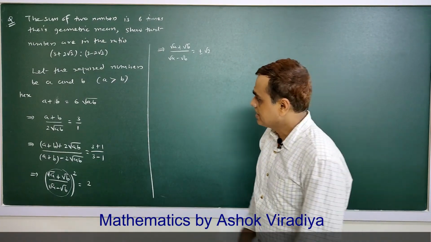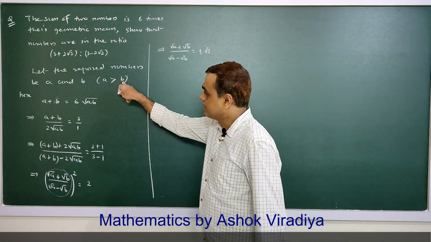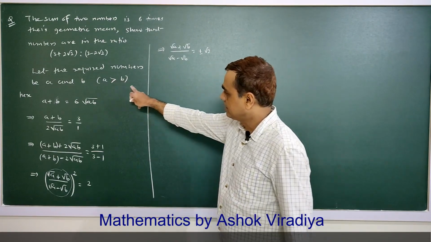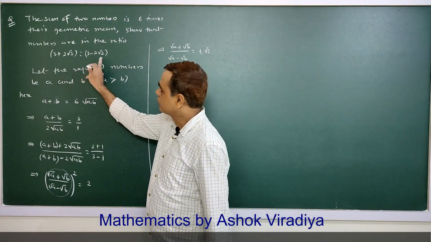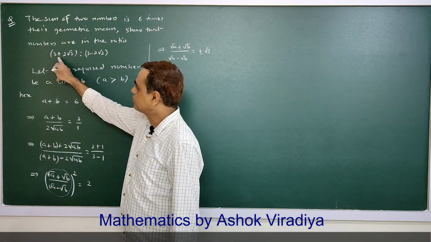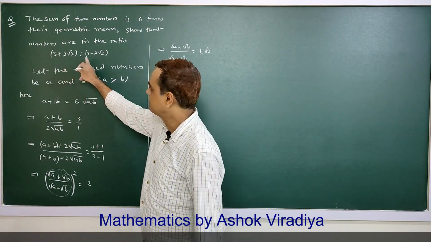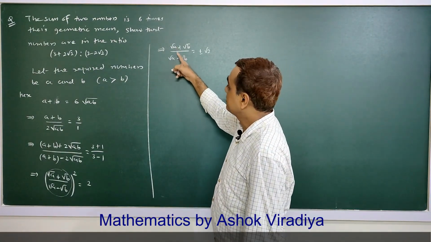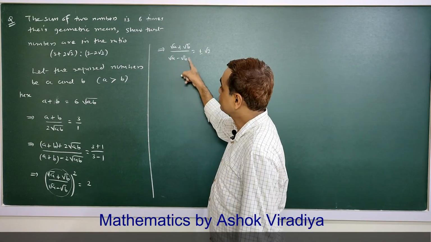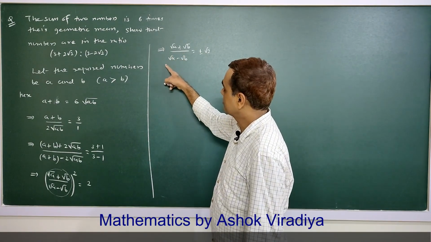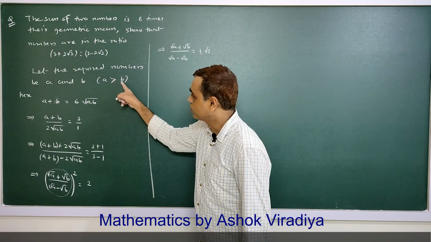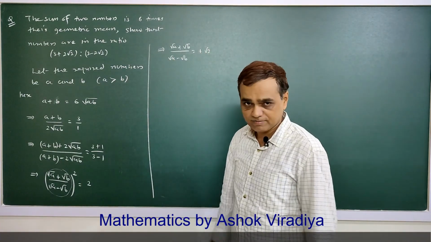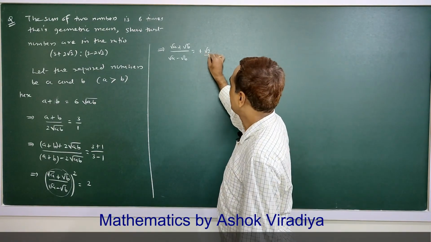But here A is more than B, which we have already supposed. So this difference will be positive, so don't take minus. So it is root 2 by 1.